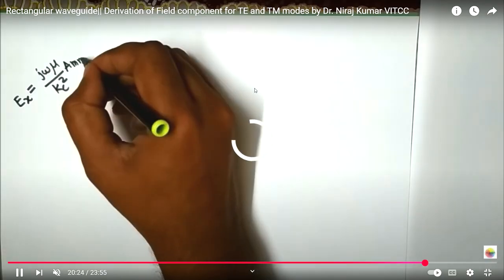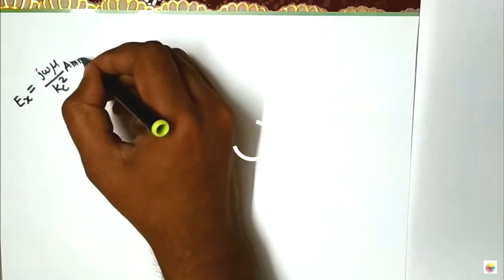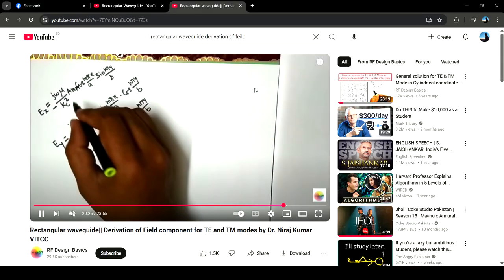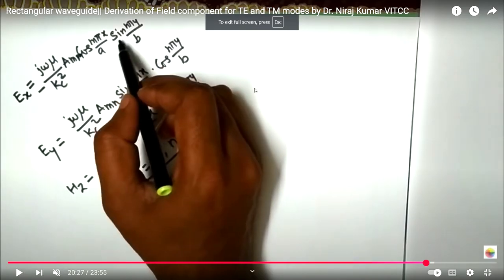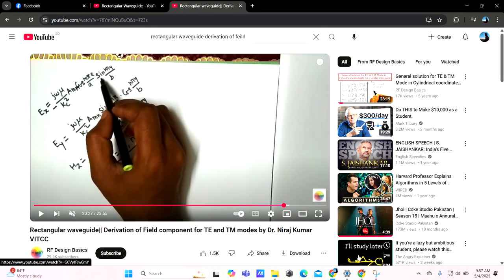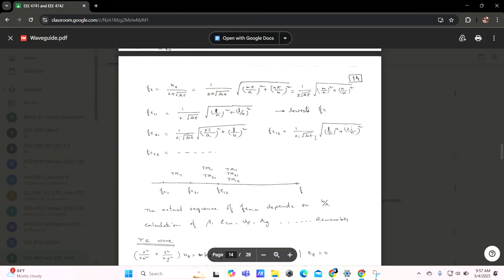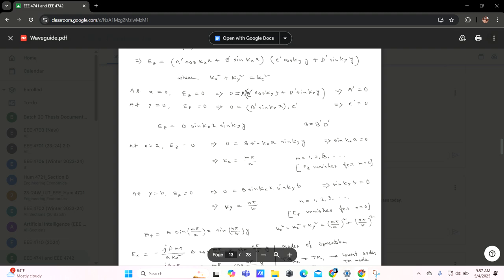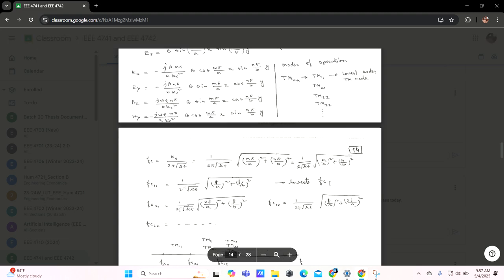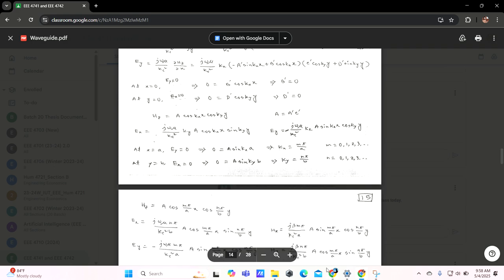the main difference between transverse electric and transverse magnetic is that in the case of transverse magnetic, if either m or n is 0, our value of Z will be 0, and here Z is also 0 because this is transverse electric.